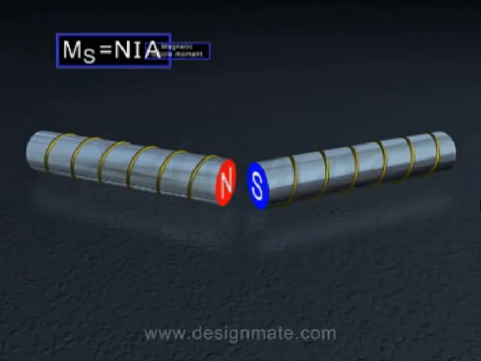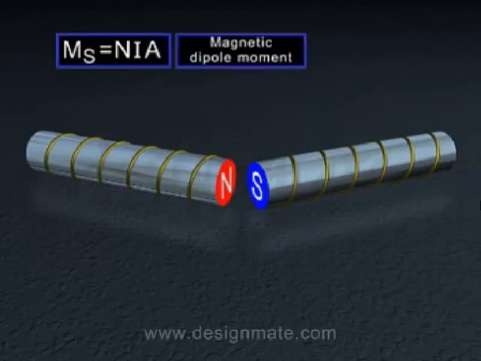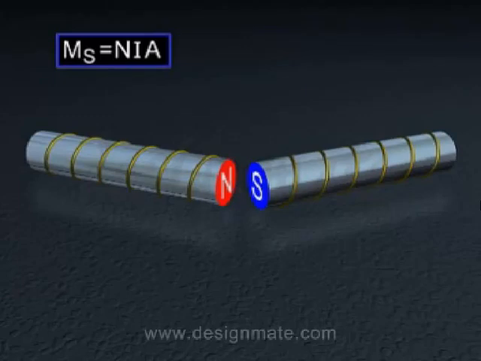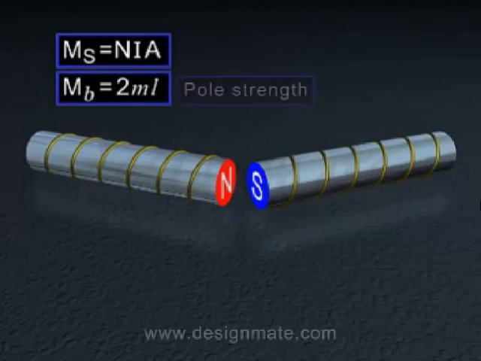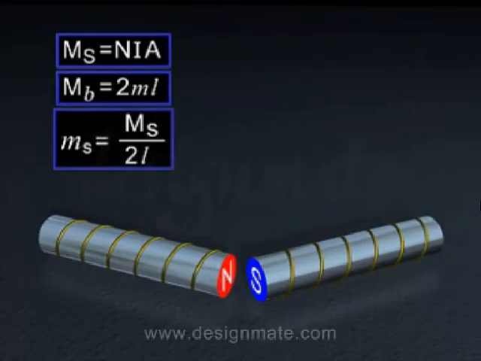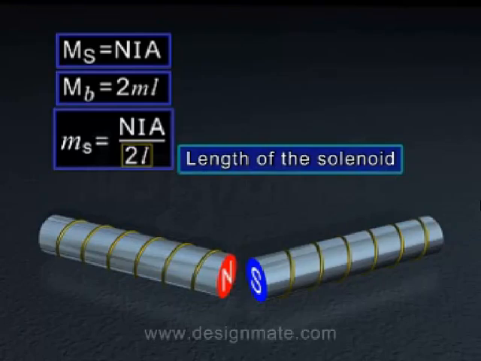The equation gives the magnetic dipole moment of the solenoid. Taking the help of the equations, we can define the pole strength of the solenoid. ms = Ms/2L = NIA/2L, where 2L is equal to the length of the solenoid.